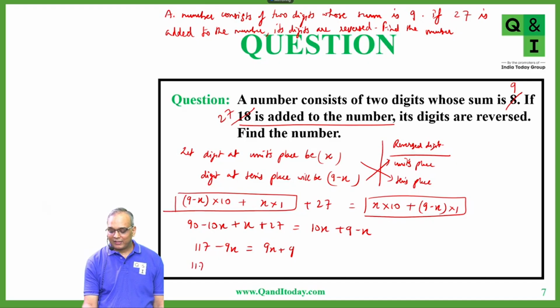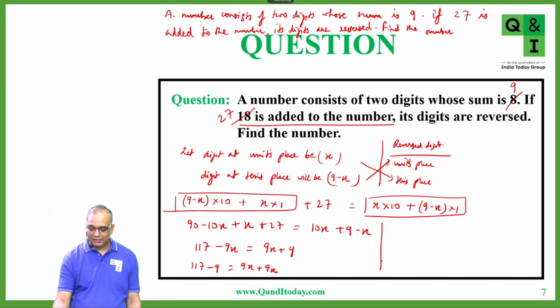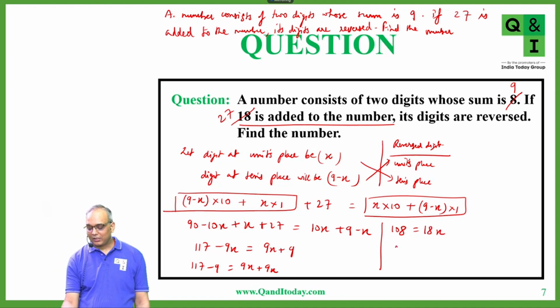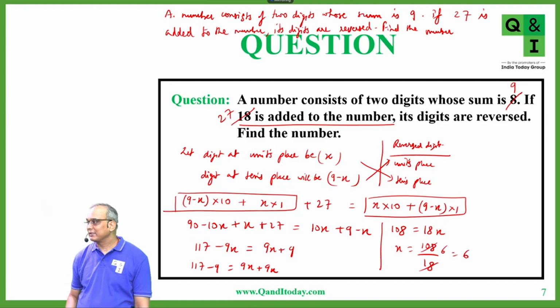So we have 117 minus 9 is equal to 9x plus 9x, right? So we will have 108 is equal to 18x, or x is equal to 108 over 18, which is equal to 6.